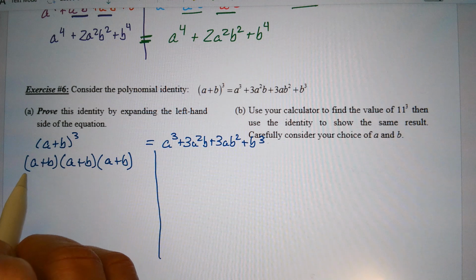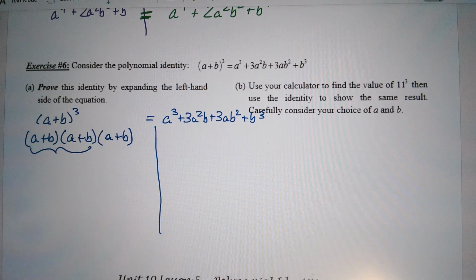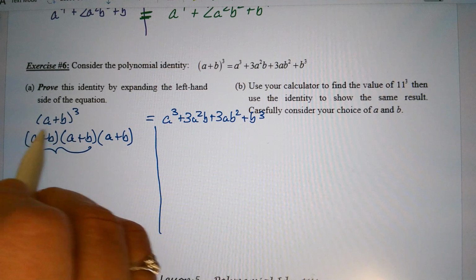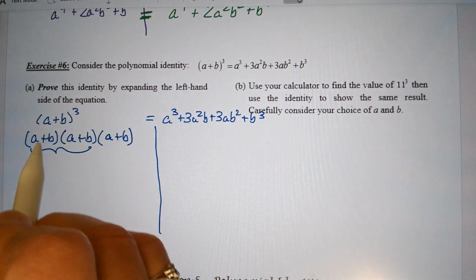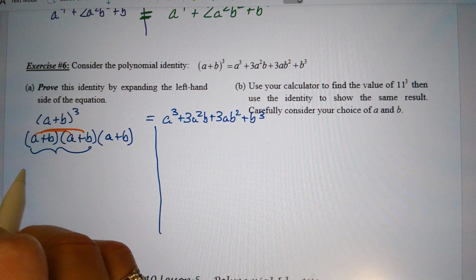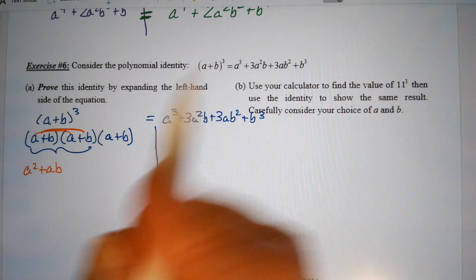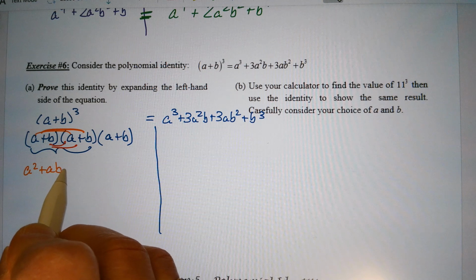Multiplying the first pair of binomials, double distribution: a squared plus ab plus ab plus b squared.